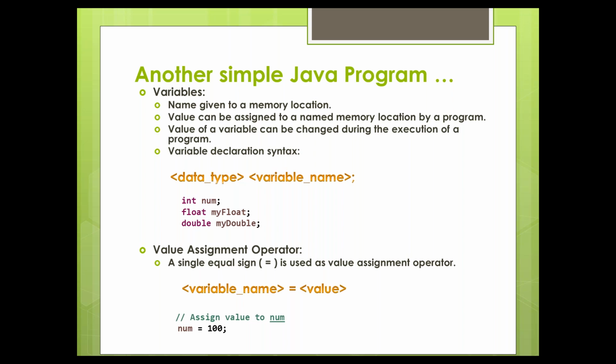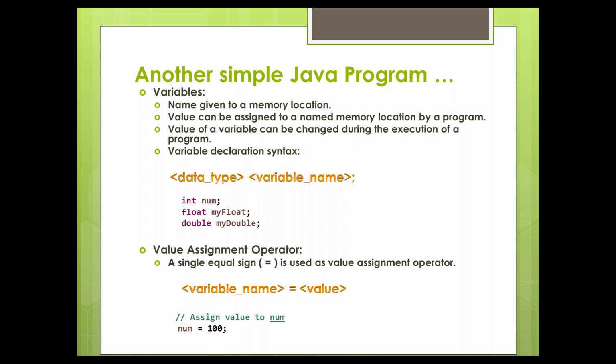Type represents the type of the value that you are storing in that particular variable. A variable always is associated with a memory location. Whenever you say a variable, you should think of a memory location or a place where you store a particular value of a particular type.